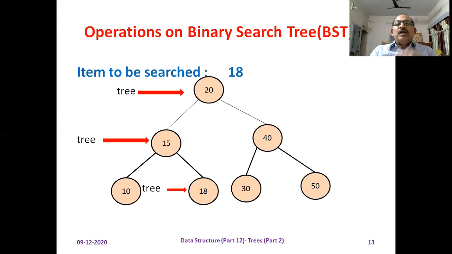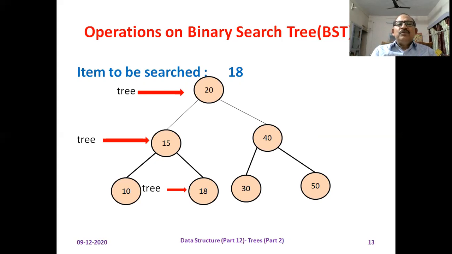Then we will call the searching process recursively with tree left. In the algorithm you can see if the search item is less than the root node, we follow the left subtree of the root node, meaning tree left. Tree left now points to the node 15.